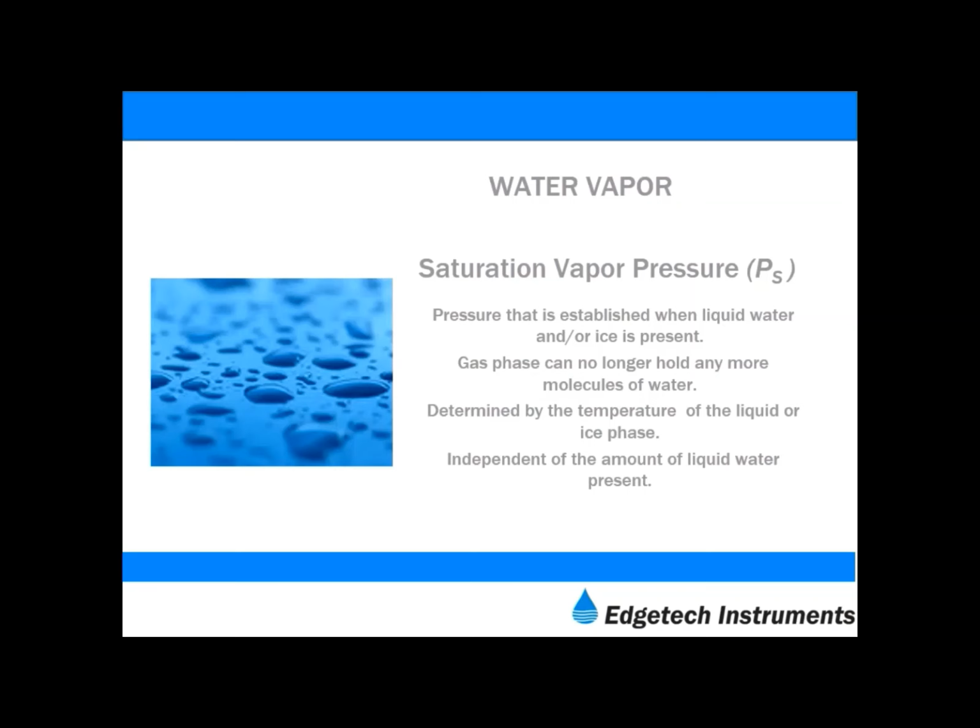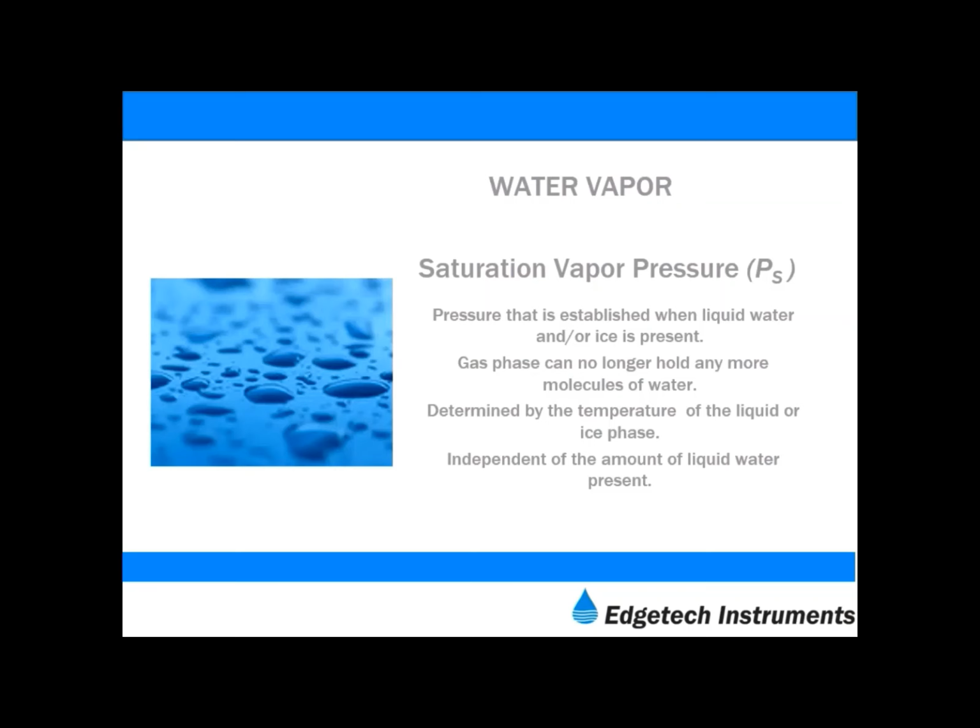There's a special condition that's referred to as saturation water vapor pressure. And the symbol that I use for that is P sub S, S for saturation. So if you have an environment that is saturated, meaning the gas in the system is holding all the moisture it can hold, and you were to put one more molecule or one more drop of water into that system, it would simply fall to the bottom as a droplet of water.